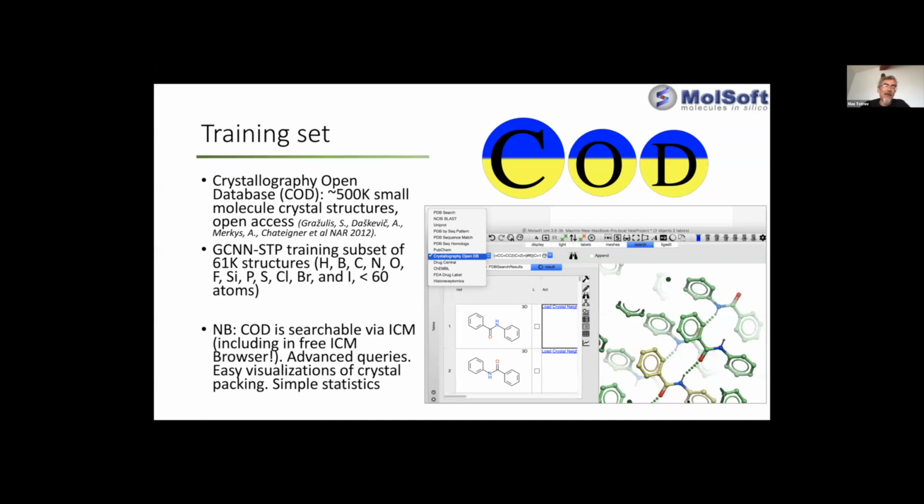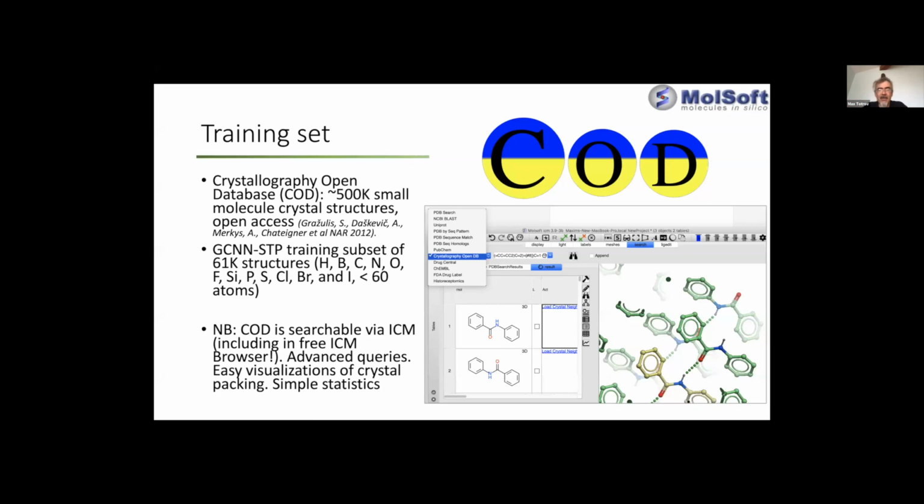We extracted from that collection about 60,000 structures, primarily based on the elemental composition and also some size, and filtered out some pathological cases. Anyway, a 60,000 training set.